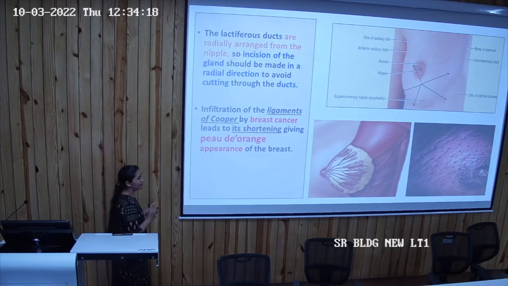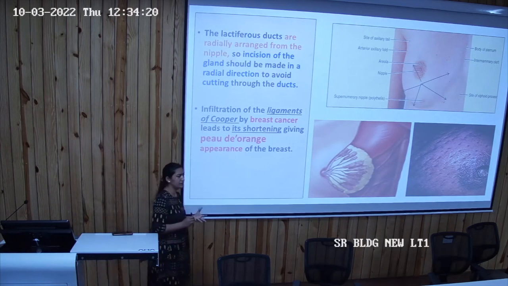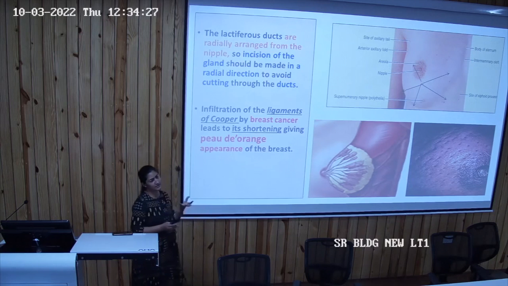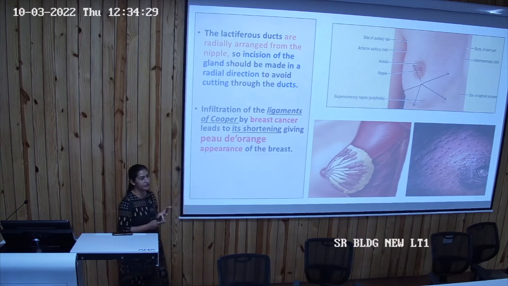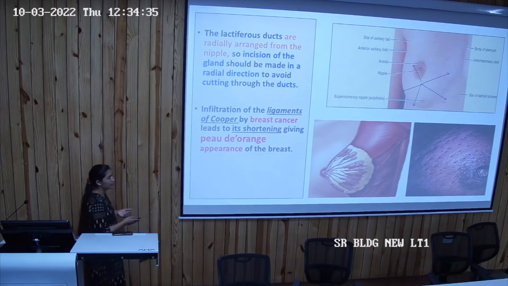You know that the ligament of Cooper is holding the parenchyma, that is the glandular tissue of the mammary gland, onto the skin. So if fibrosis of this ligament occurs, what will happen?